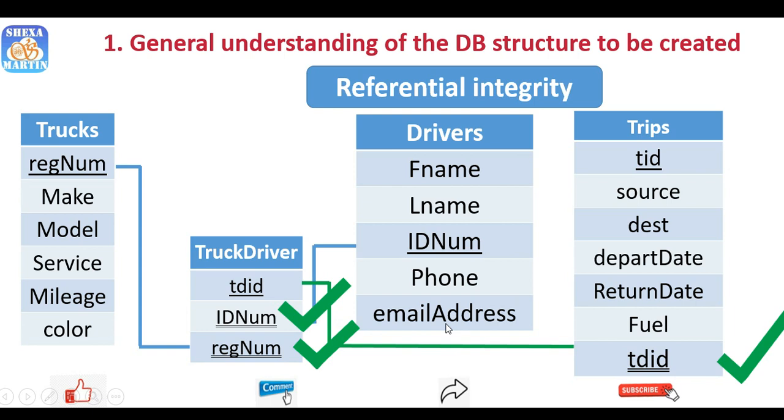But the problem that you face is, if this driver's table has got phone number and email address that are defined as unique, you won't be able to add a new record with the same phone number and the same email address.